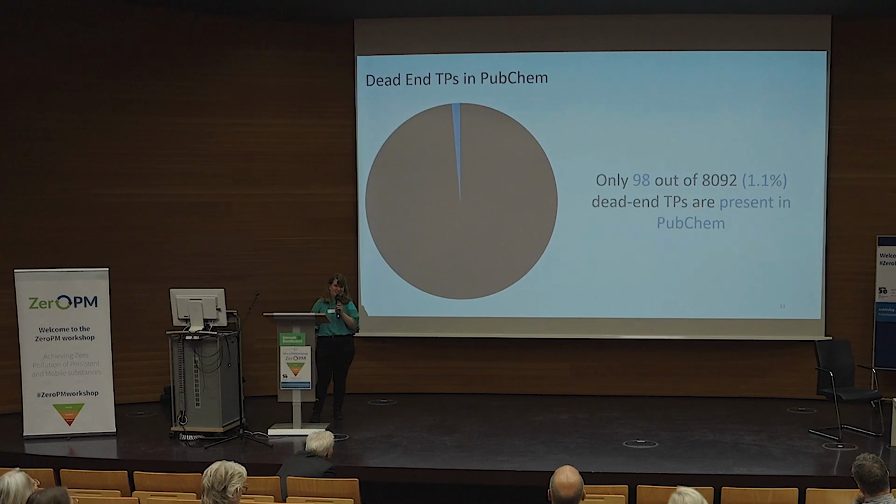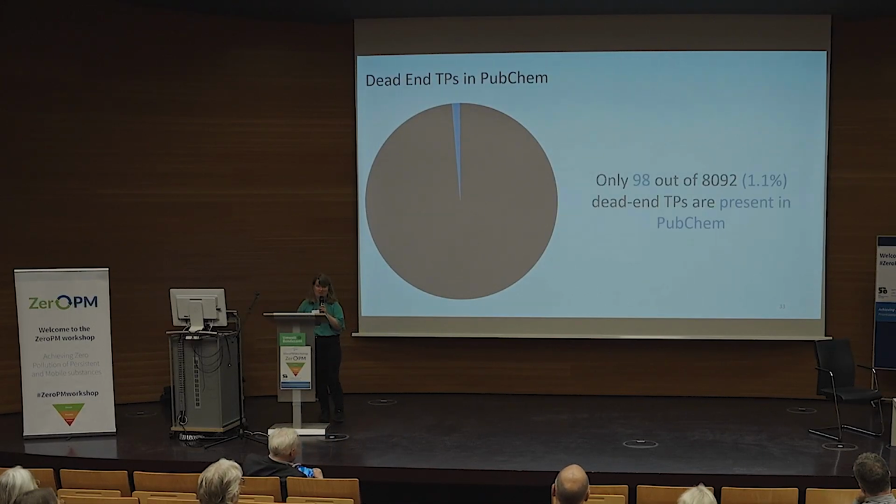And last but not least, we also wanted to compare our model or our database to other databases. So we checked how many of our dead-end transformation products were present in PubChem. And it turns out that it's surprisingly few. It was only 98 structures. And the reason for this is still something that we are investigating. Of course, some of them seem to come from these invalid structures, but that's far from all of them.